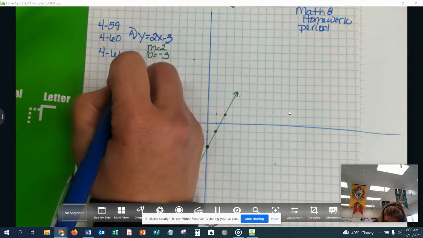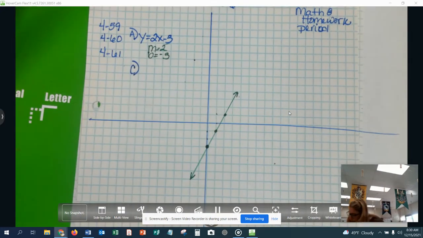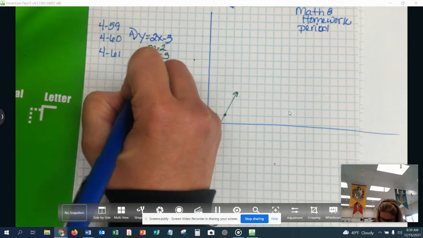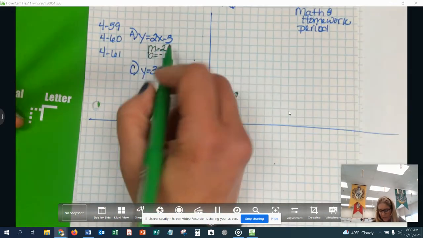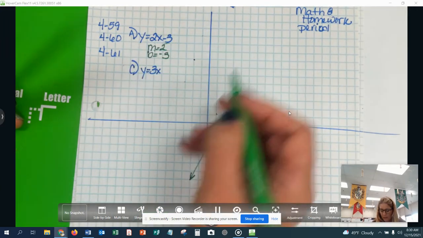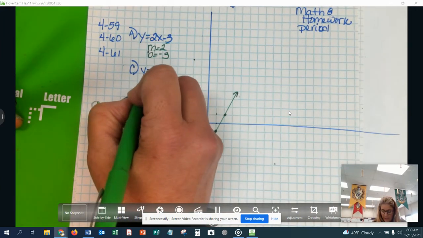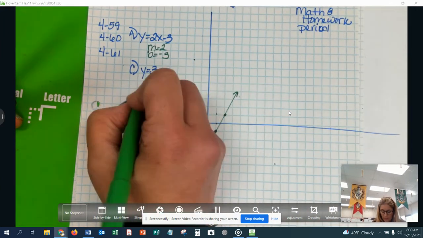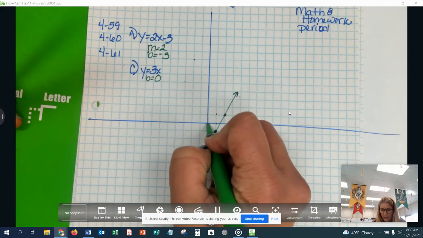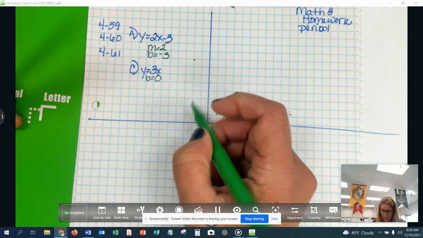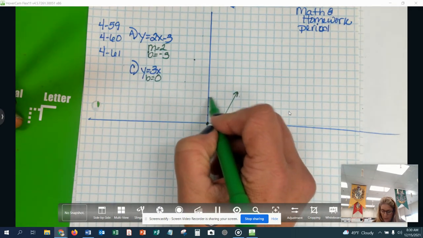C is a little bit more, it's actually not complicated at all. It's just not what you're used to seeing. Y equals 3x. Because it has no B, it only has a slope, in this moment our B is 0, the origin. So we start at the 0, and we go up 3. 1, 2, 3, and over 1.